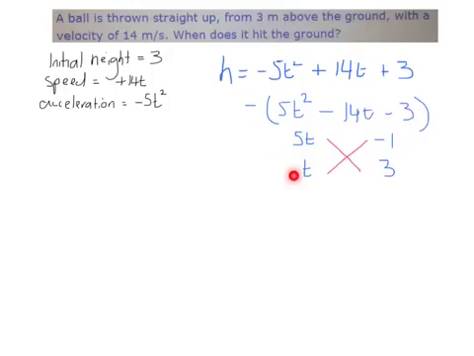Now we'll just have to try and get our orders correct. 5t multiplied by 3 gives me 15t, and t multiplied by negative 1 gives me negative t, and so I now have negative t plus 15t, which gives me plus 14t, which is not quite what I want, because I want a negative 14t.